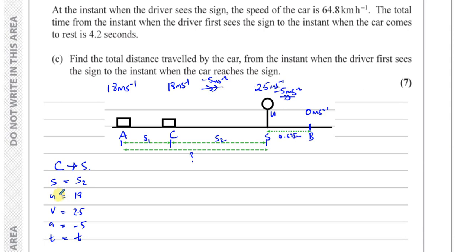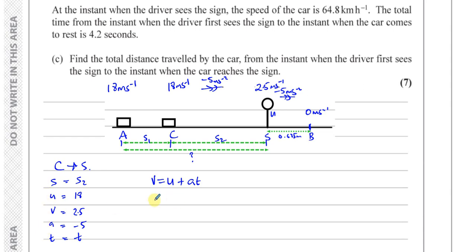I can even work out what I need from here anyway, but let's work out the time anyway. We know that V equals U plus AT. That will help me find the time.